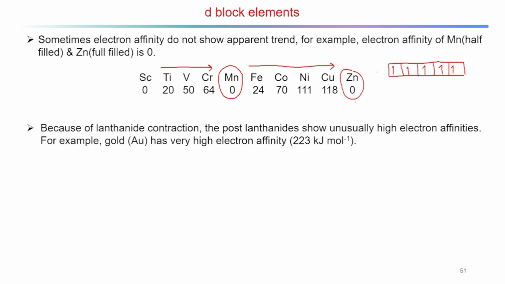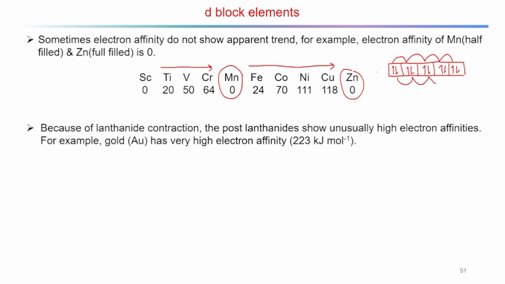Similarly, in the case of zinc, it is actually 3d10. So there are 5 more electrons here, 6, 7, 8, 9, and 10. Here also you see we have these 5 electrons of the same spin, and these 5 electrons of the same spin having down spin.